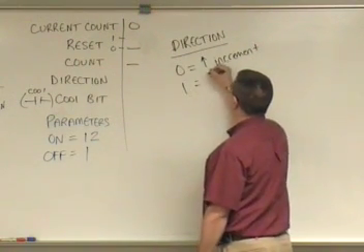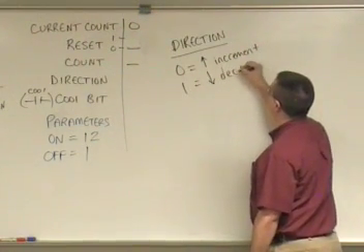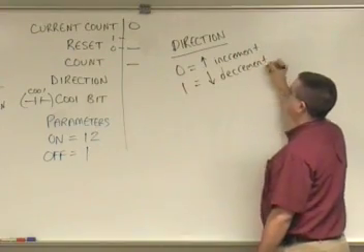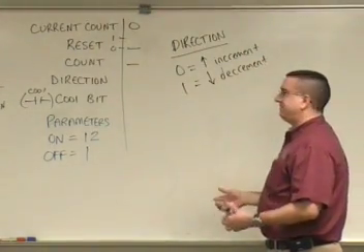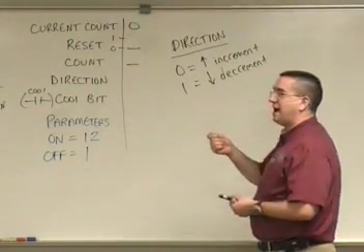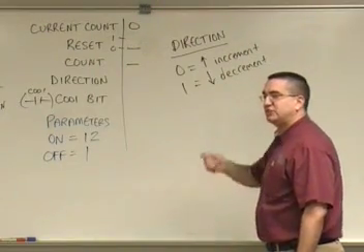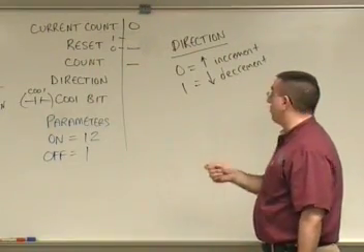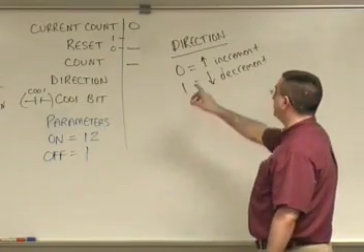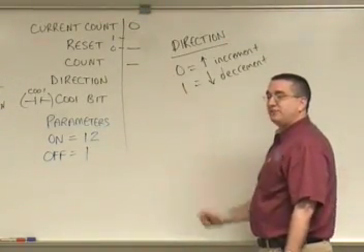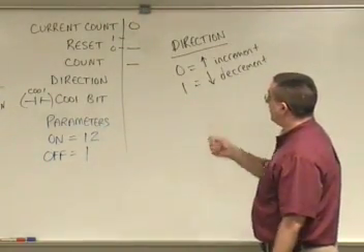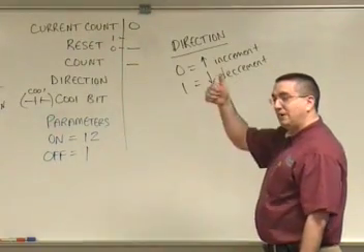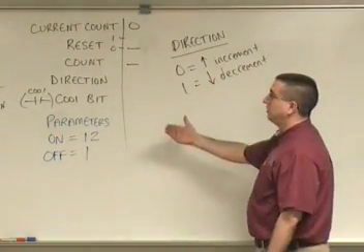A 1 on the direction pin means to decrement. What do I mean there? If my direction pin is set to high, every time I engage the count pin, it's going to go down. If my direction pin is set to low, every time I engage the count pin, it's going to go up.